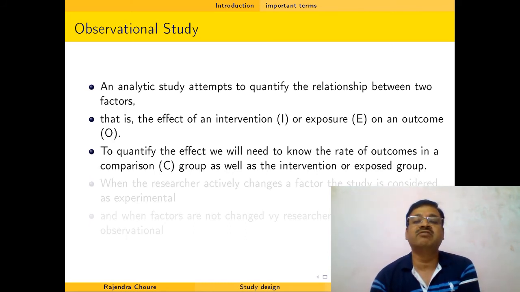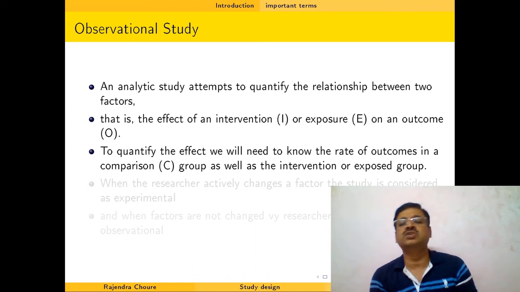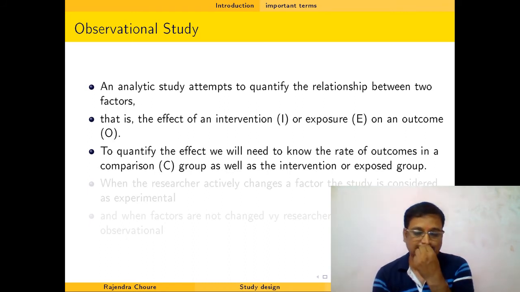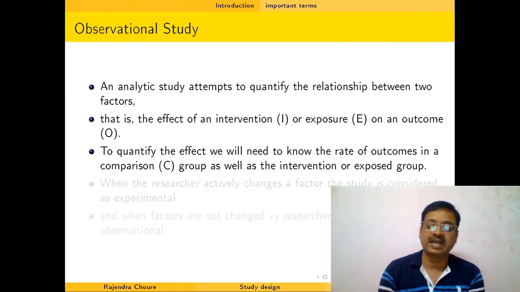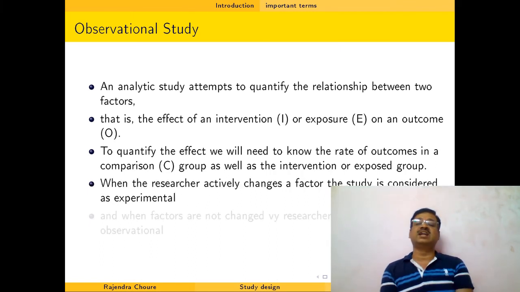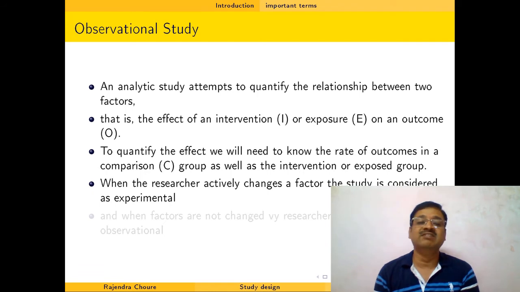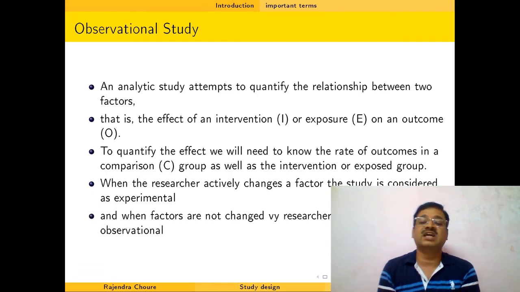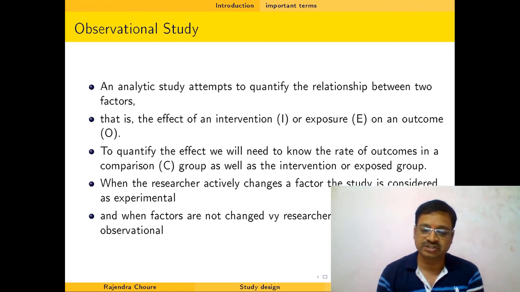To quantify the effect, we need to know the rate of outcomes in a comparison group as well as in the intervention or exposed group, the probability of occurrence or ratio of different outcomes. We have to study that. When the researcher actively changes a factor, that study will be experimental, and when the factors are not changed by the researcher, the study will be called purely observational.